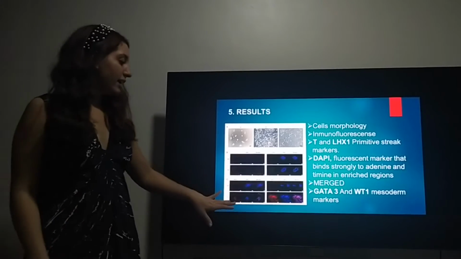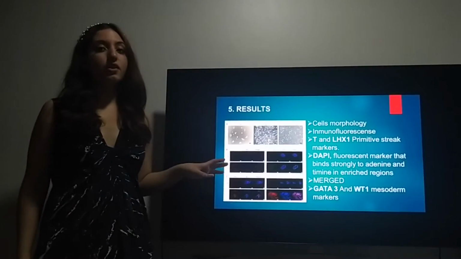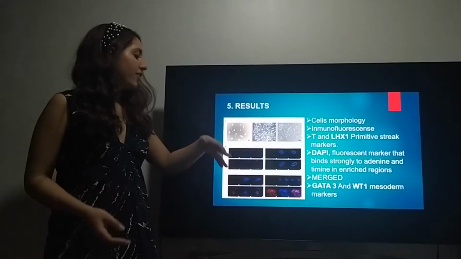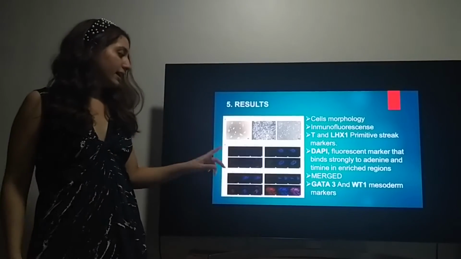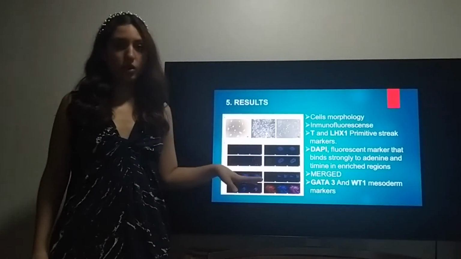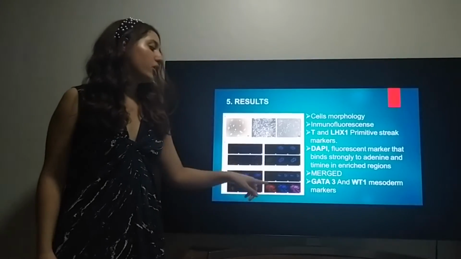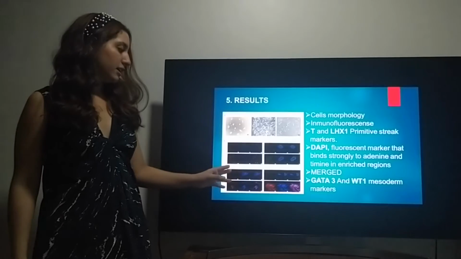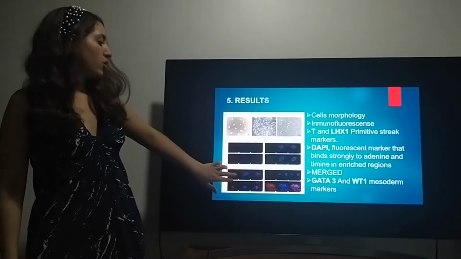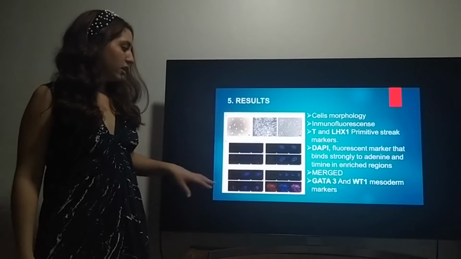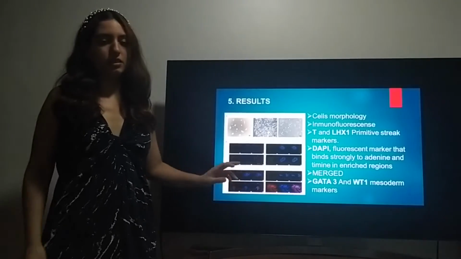In the 7th day, the organoid began to grow a little, so they had a little expression of GATA3 and WT1. So they were positive, and that's the reason you can see the line here. Merge means that they merge the two fluorescence inks.